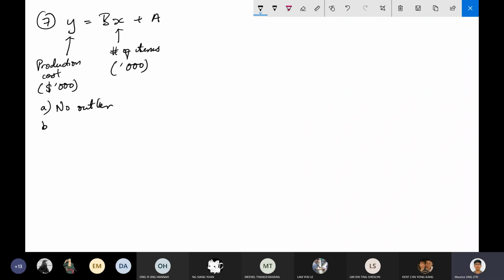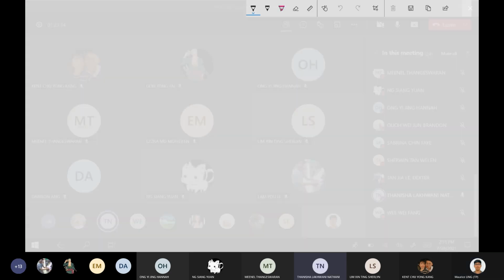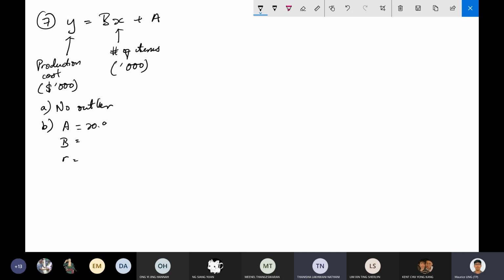Okay, question B asks you to find the correlation. So you put it into this equation. What is A, what is B, and what is R? Okay, Tanisha? A I got 20.99. B, I got 0.98. Three decimal places, so 0.978.